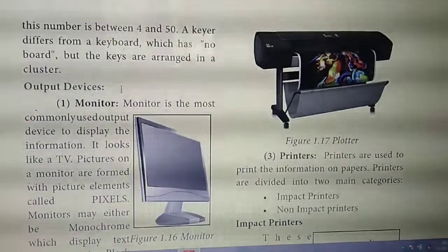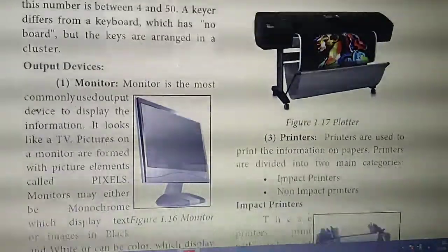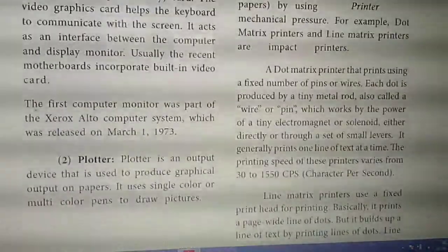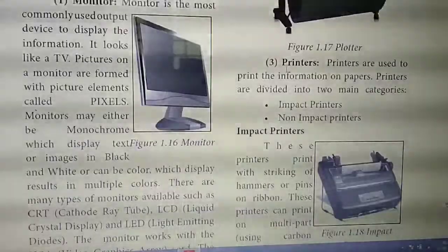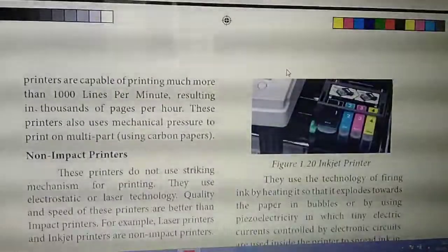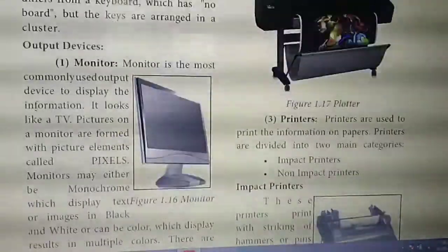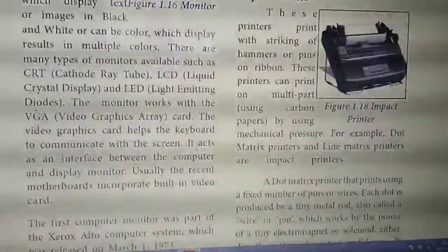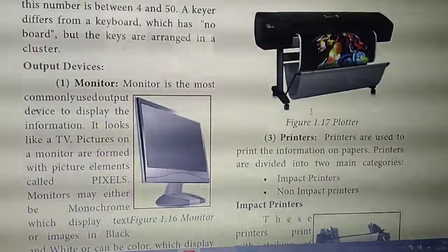So any 3 output devices, they asked any 3. From here, any 3 headings you write: monitor, plotter, then printers. That 3 enough, okay. They asked only 3, no? You're right. What are the things? Monitor, then heading plotter, then printers.